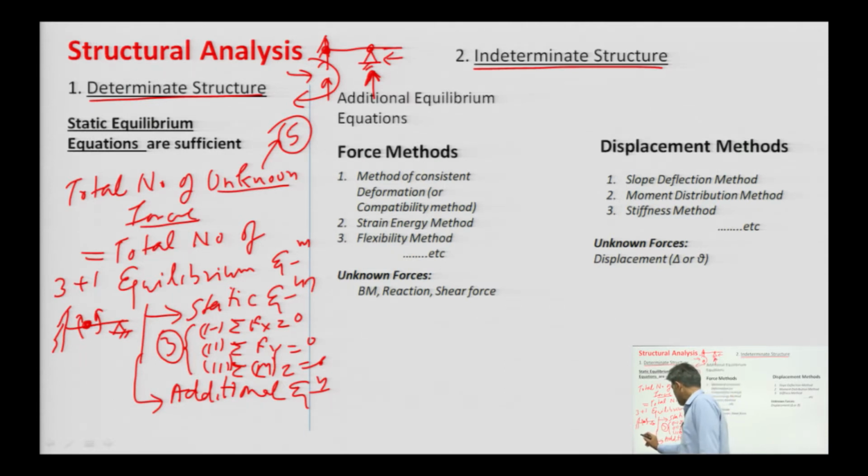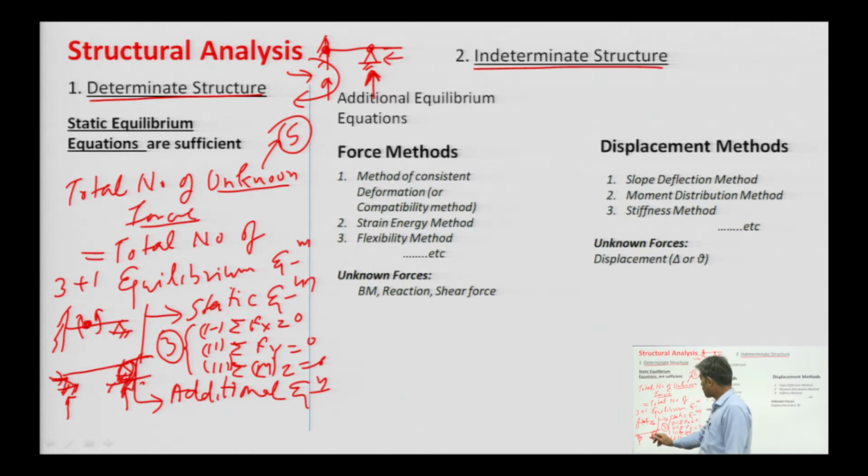Let us take one more. If the hinge is here, and a roller support here, then in case of hinge there are two unknowns, horizontal and vertical, and here at the roller, vertical only.